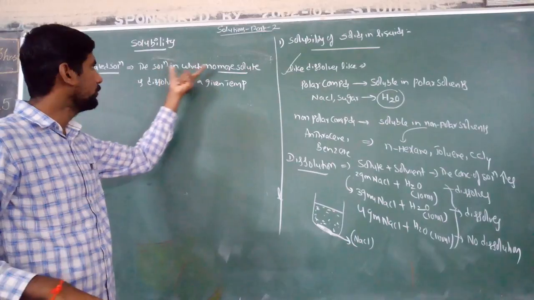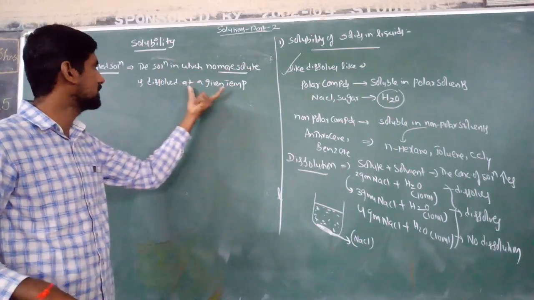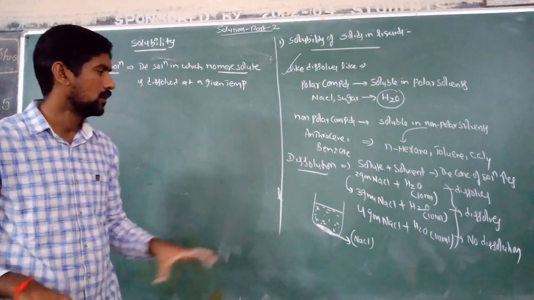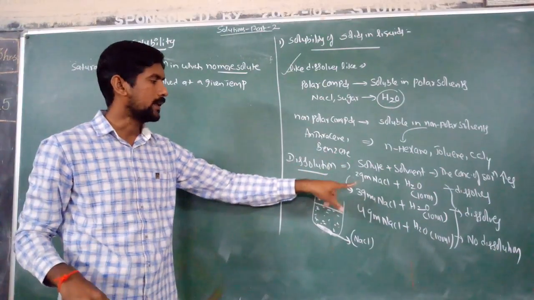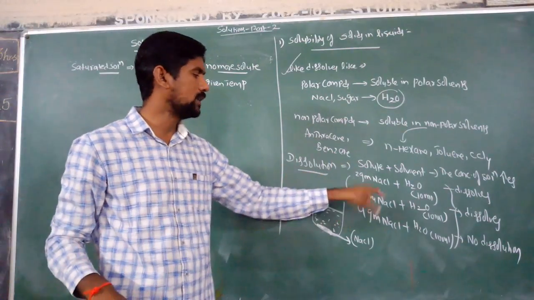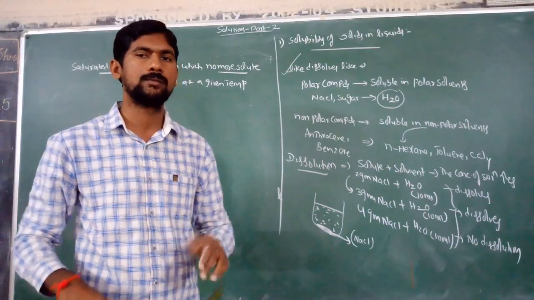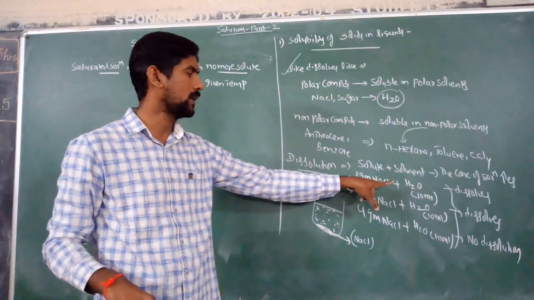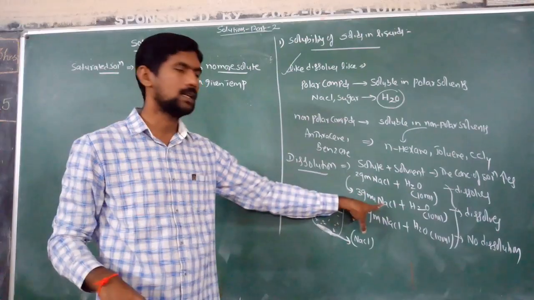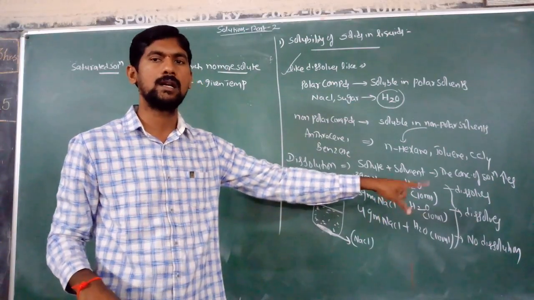Here in these examples, in 10 ml of water, only 3 grams of sodium chloride is dissolved. 2 grams added to water, completely dissolved. 3 grams added, completely dissolved.